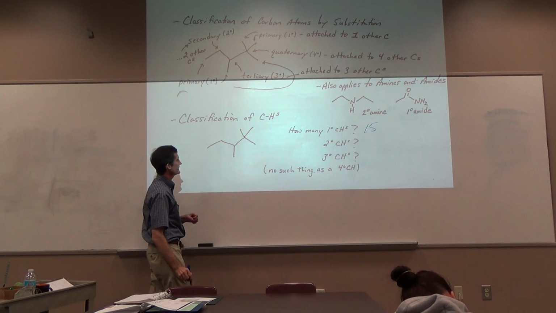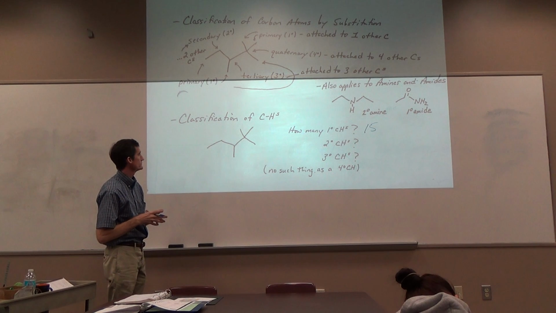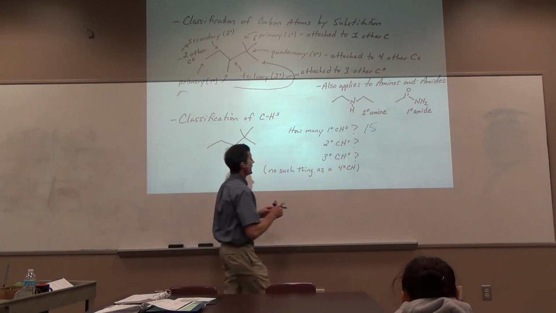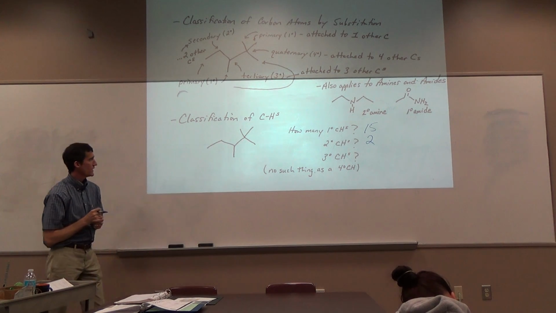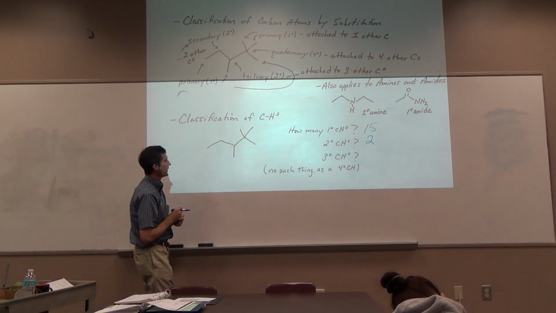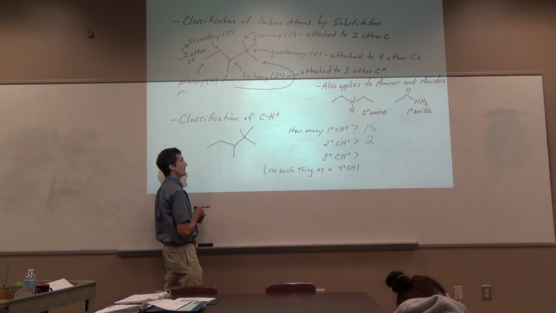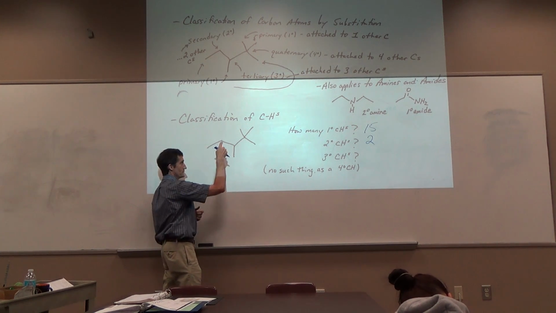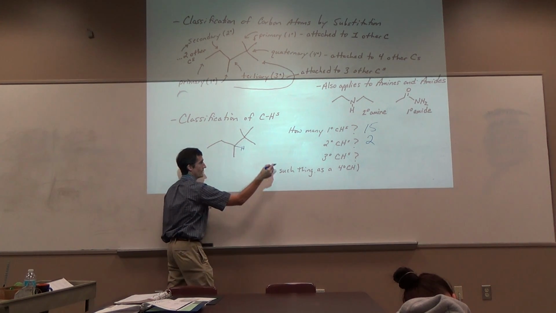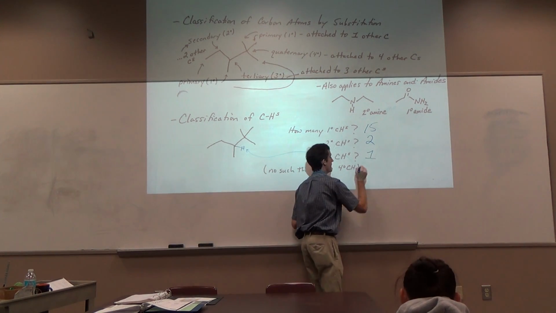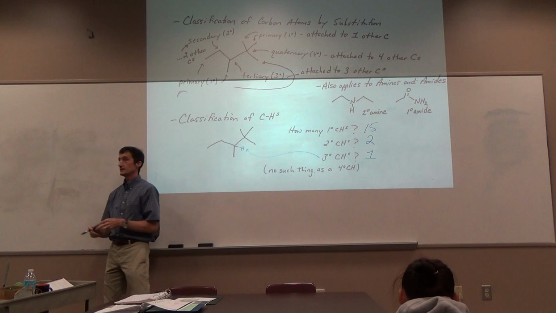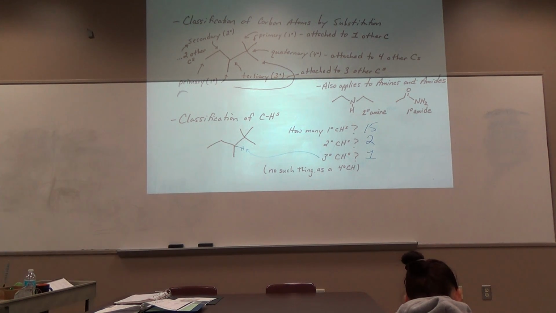How many secondary CHs in the whole molecule? 2. I think it's 2. How many tertiary CHs in the whole molecule? 1. Right there. All right, I'll draw that one in. 1. How many quaternary CHs? No such thing. Quaternary carbons don't have H.